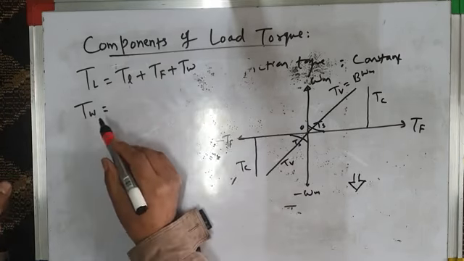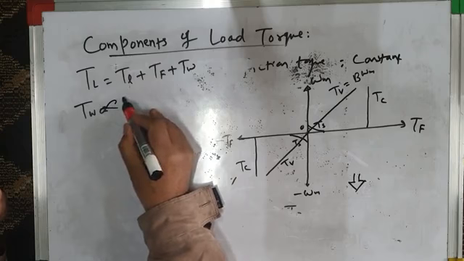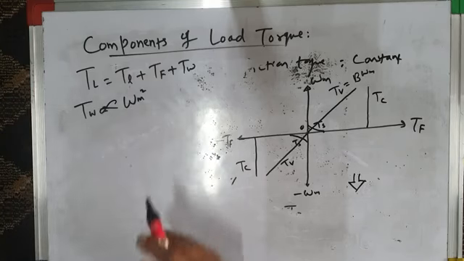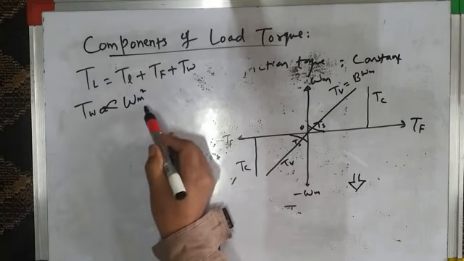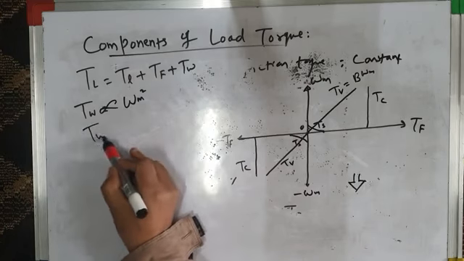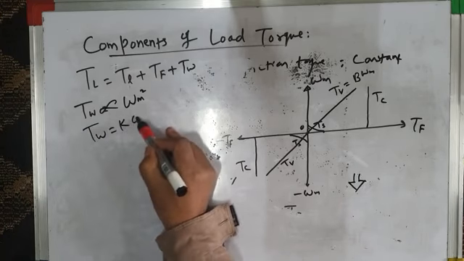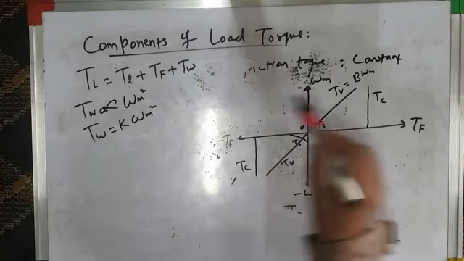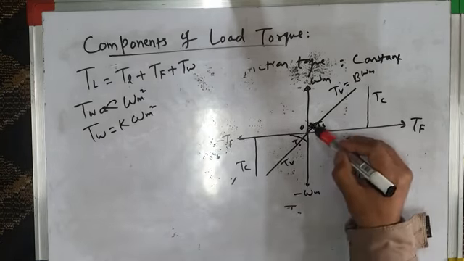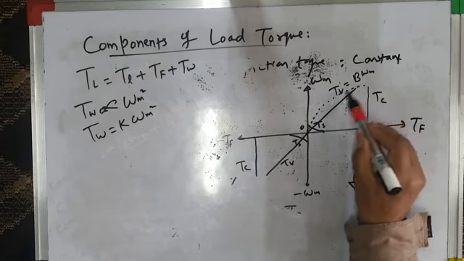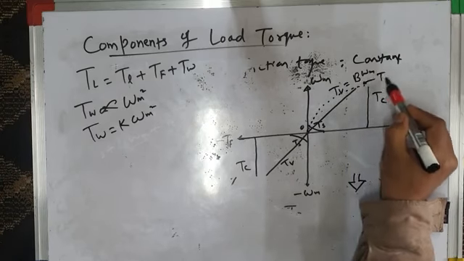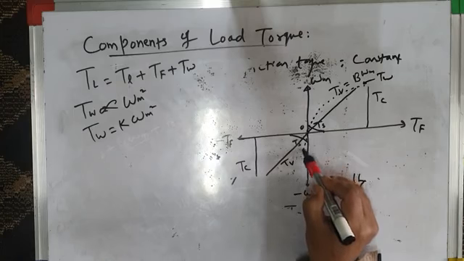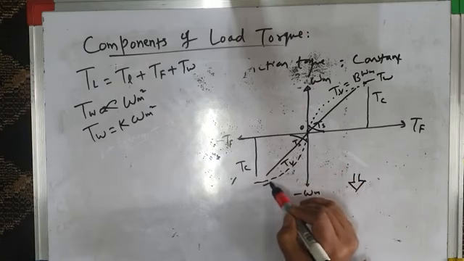And that windage torque is not constant. It is directly proportional to the square of the speed. As the speed increases, the windage torque increases as the square of the speed. So TW we can write as a constant K into omega m square. If you show that windage torque also in this characteristic, windage torque I can show by this dotted curve. So this is windage torque TW in first quadrant and it is in third quadrant.